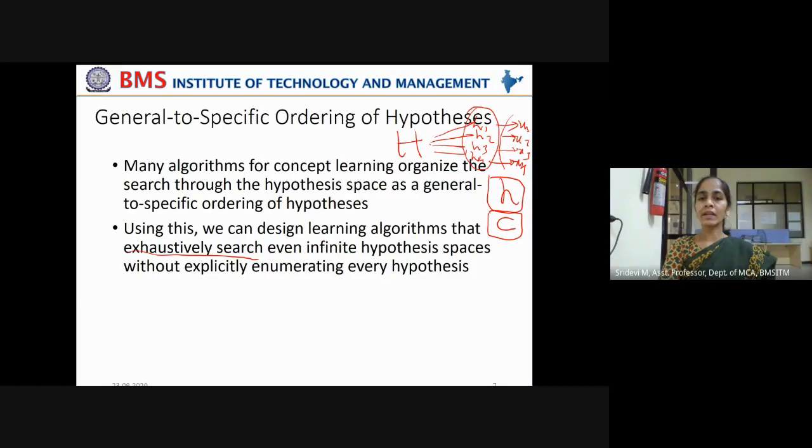We can design learning algorithms that exhaustively search even infinite hypothesis spaces, meaning very large hypothesis spaces, not actually infinite, without explicitly enumerating every hypothesis. It need not give all the hypotheses to the machine. It can combine those hypotheses so that some 10 hypotheses can cover, can generalize, one particular instance.